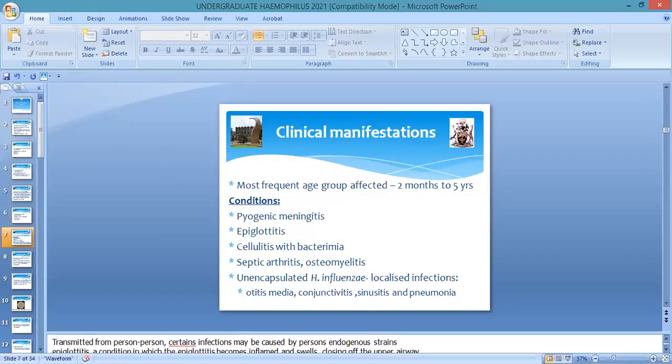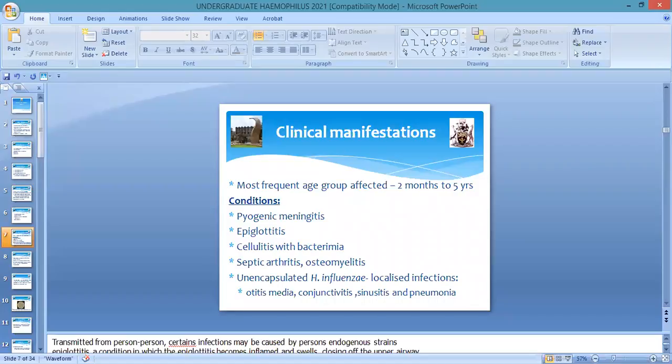In terms of clinical manifestations, Haemophilus influenzae usually causes infection mostly in children between the age of 2 months to 5 years, and transmission is usually person to person.